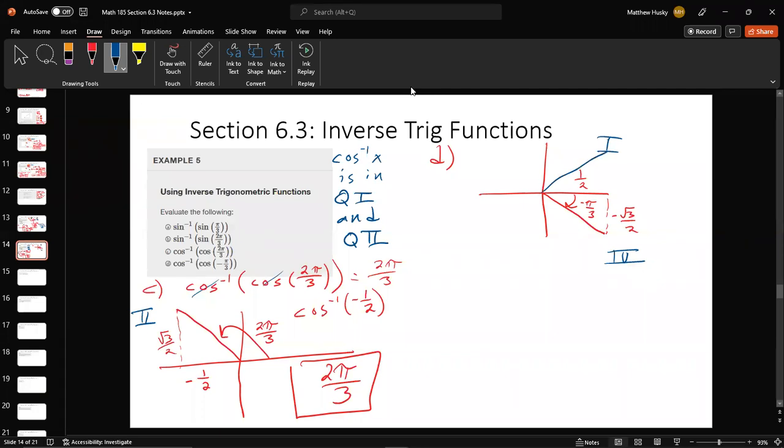So what I'm going to have is this right here. This is actually going to be positive pi over 3, which will be the corresponding angle in quadrant 1. So the cosine inverse of cosine of negative pi over 3 is in fact going to equal pi over 3, because a value that's in quadrant 4 is not going to be valid for cosine inverse.